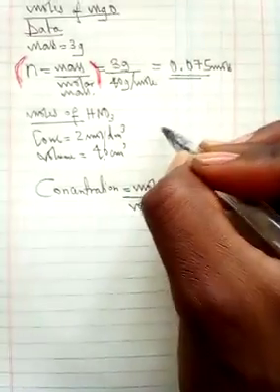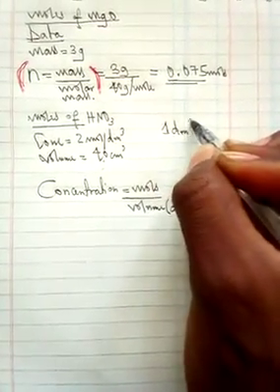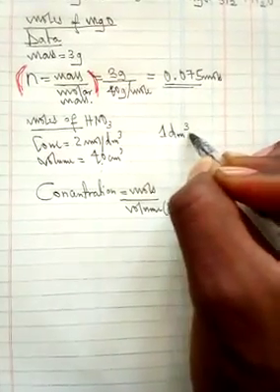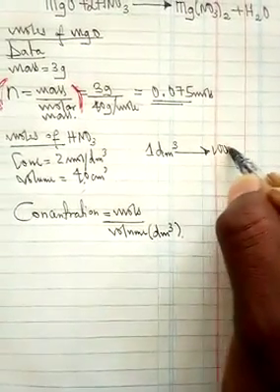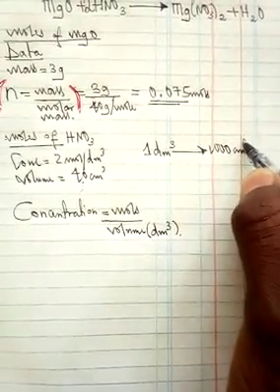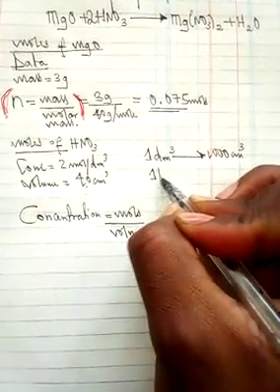So one thing that you need to know is that 1 decimeter cubed is always equivalent to 1000 centimeters cubed. Decimeter cubed can also be termed as 1 liter.